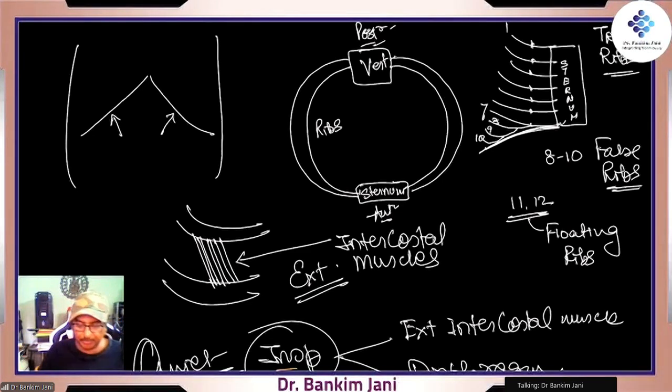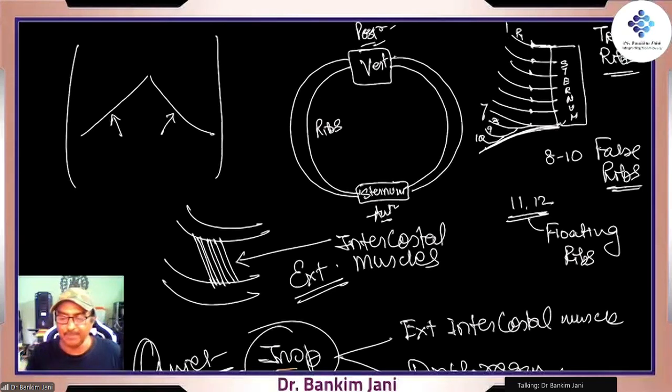But the important point is the anterior end of the rib. If this is the vertebra, the ribs come like this, and the anterior end does not land directly on the sternum, but there is a cartilage. Take rib number 1: there is a cartilage of rib number 1, and that way it lands straight on the sternum.